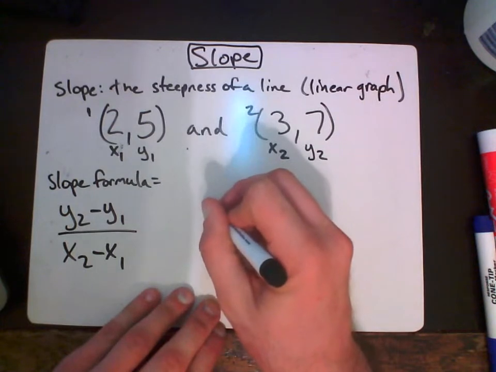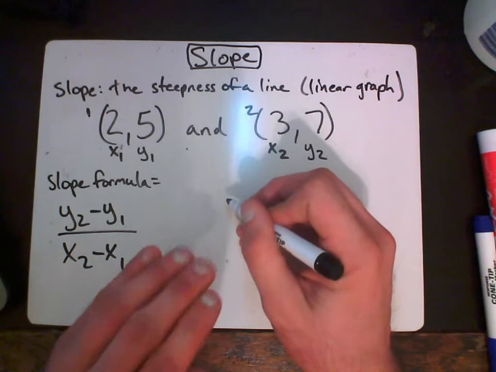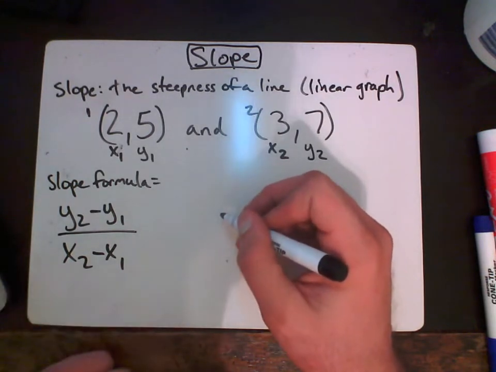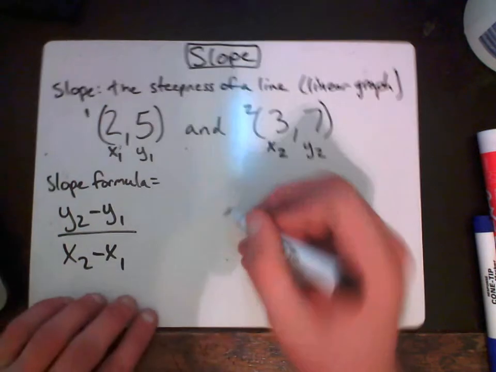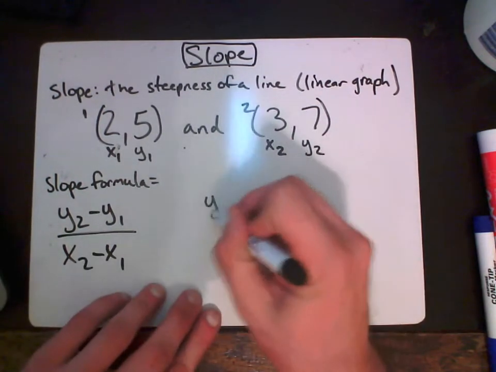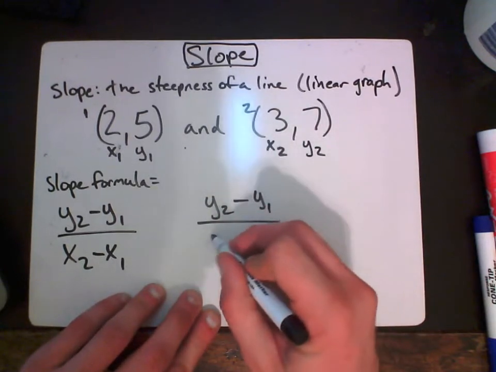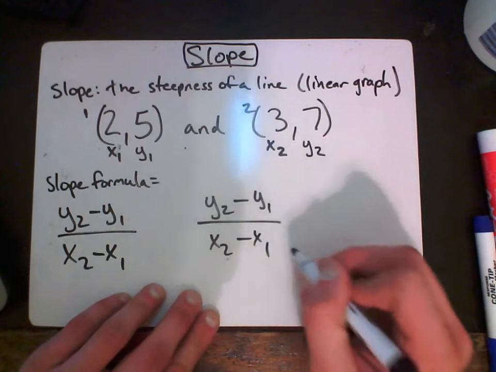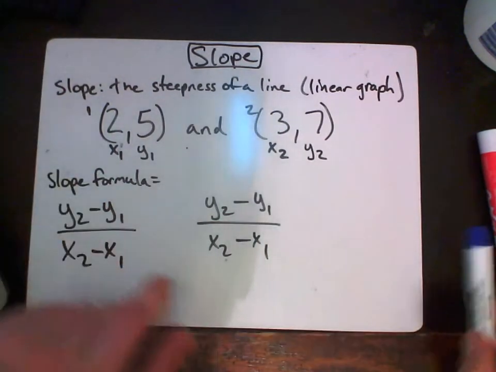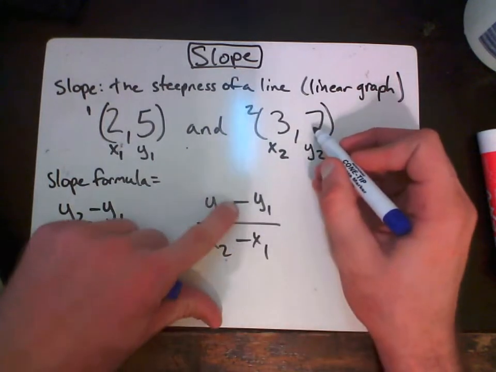So, let's plug in some values. I'm going to do this with you first, then I'll backtrack away from it, because I noticed this helped my students when I was teaching it earlier today. I'm just going to take this formula and plug it in. So y2 minus y1 over x2 minus x1. I'm going to look directly up at the values that I have here. My y2 is 7.